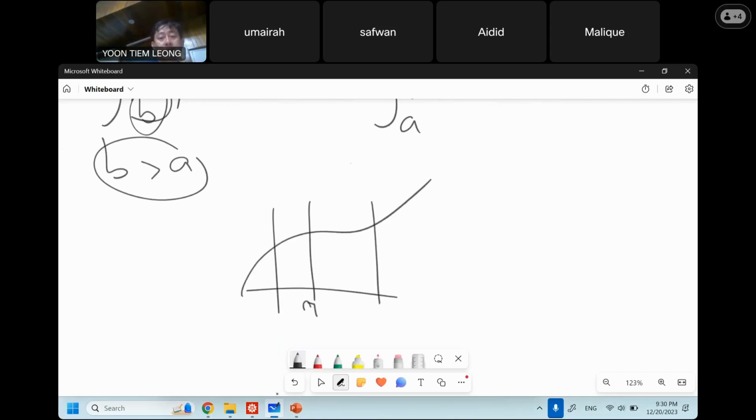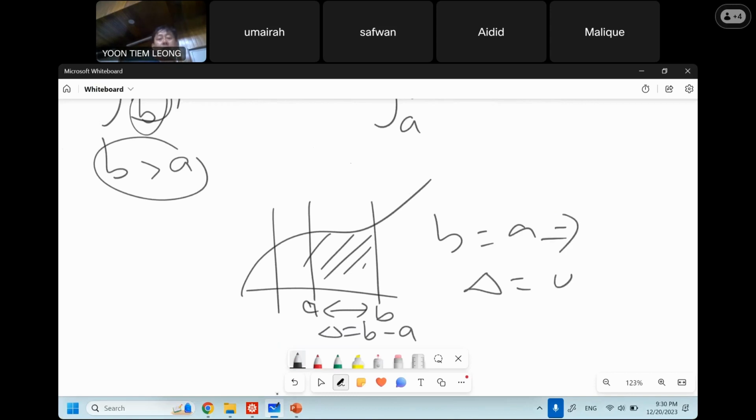The width is just the difference between A and B. If A and B are the same, that would mean that the width becomes zero. If the width becomes zero, then we would not define any area for the column anymore.